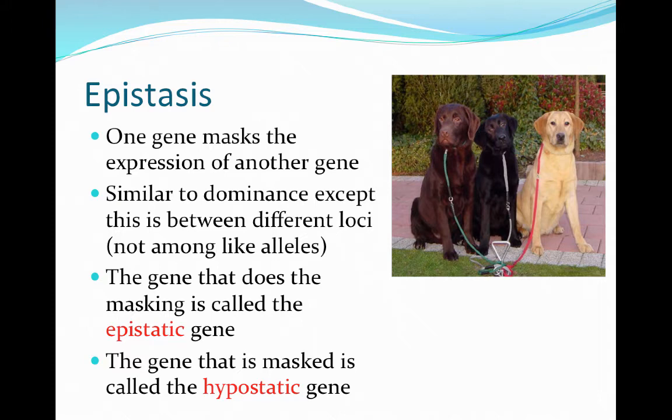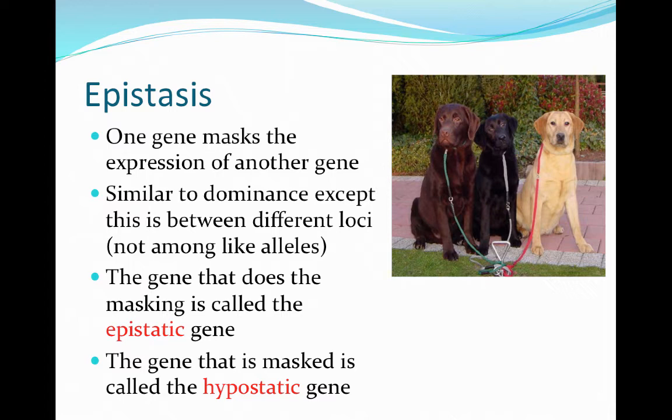One of the first principles that really deviates from Mendelian principles is epistasis. And epistasis is a masking effect where one gene actually masks another. It works similarly to dominance, except that there are no common loci among alleles.